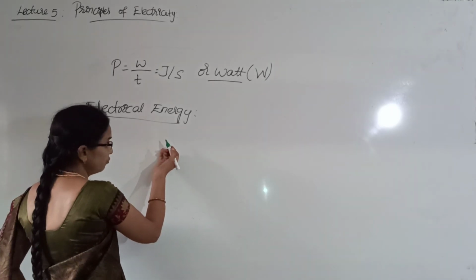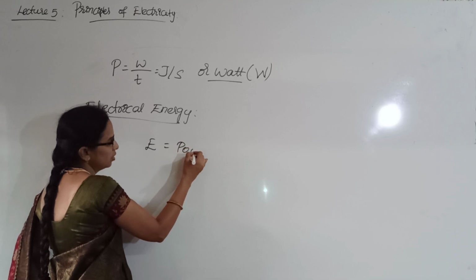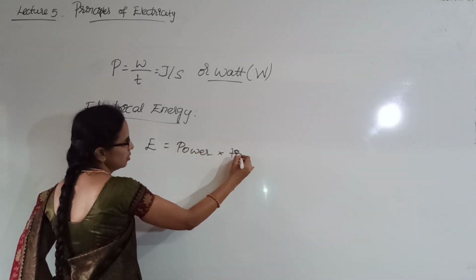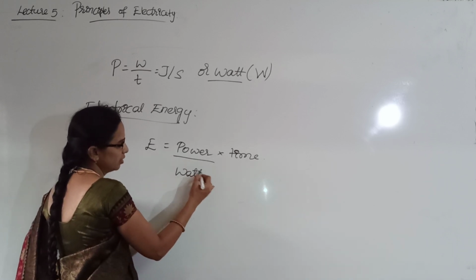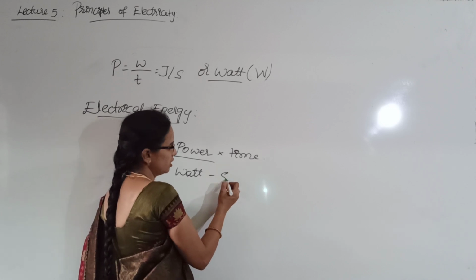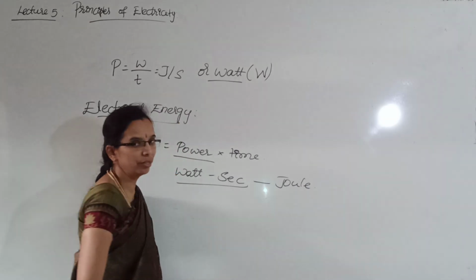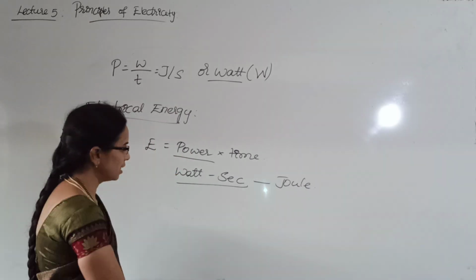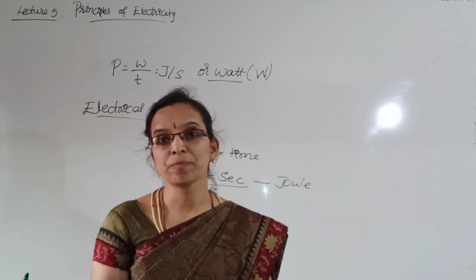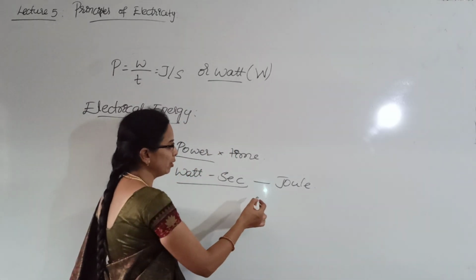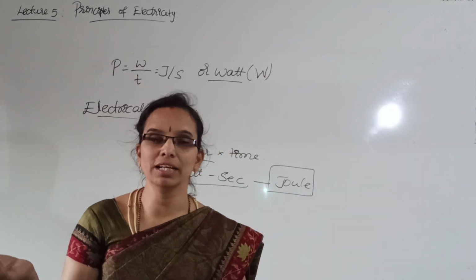So the unit for electrical energy: energy is equal to power consumed in a specific amount of time. If the power is measured in watt and time is measured in second, that will be watt second, or the joule is a unit for electrical energy. Because you should pay the monthly bills, it's easy to calculate. Joule will be a very small unit when you calculate larger energy quantities.